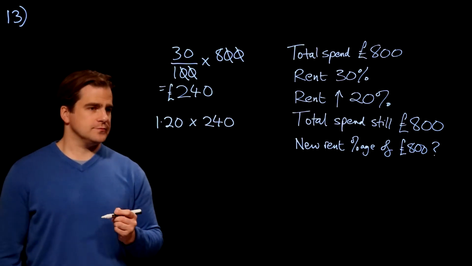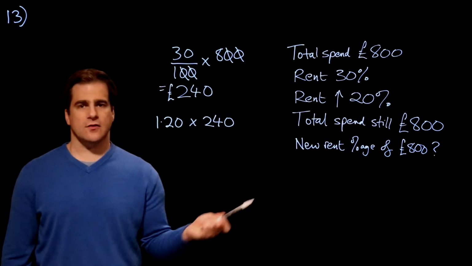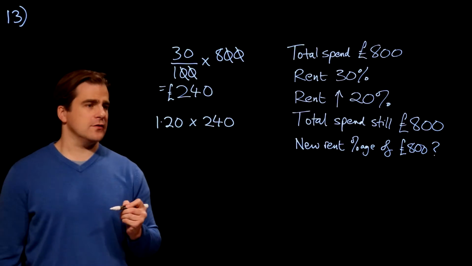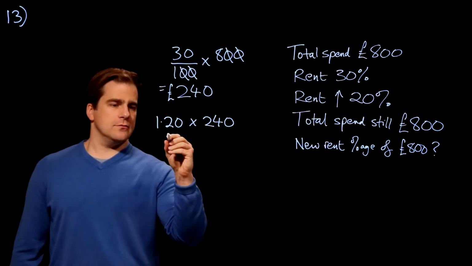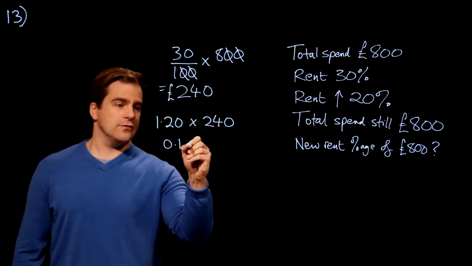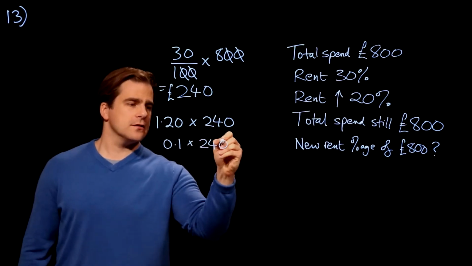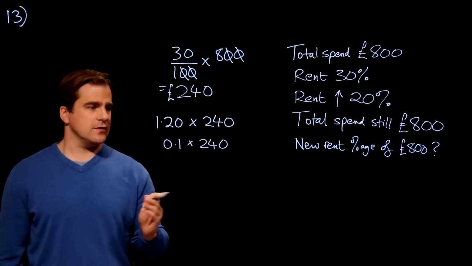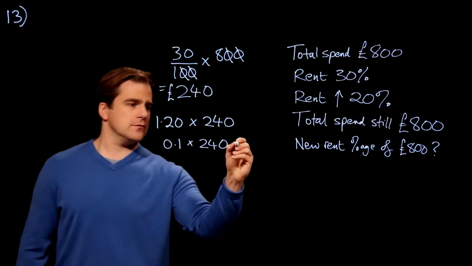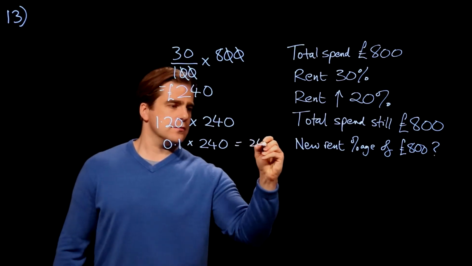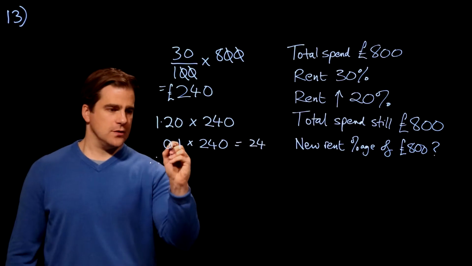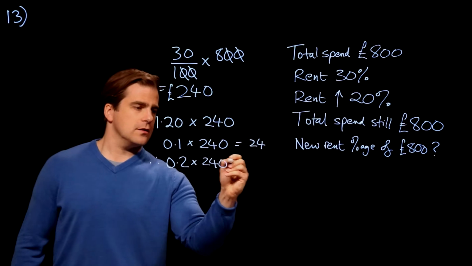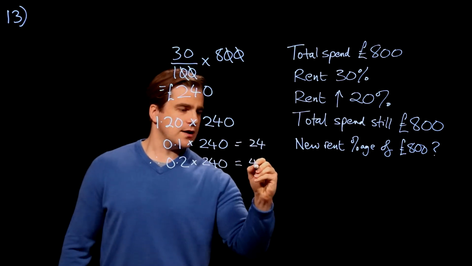So what's that? This is non-calc, so how do you do that in your head? Well, a good idea is to work out what 0.1 of 240 is. 0.1 is just 10%, so that's just 24. So therefore, 0.2 of 240 is twice that, so 48.